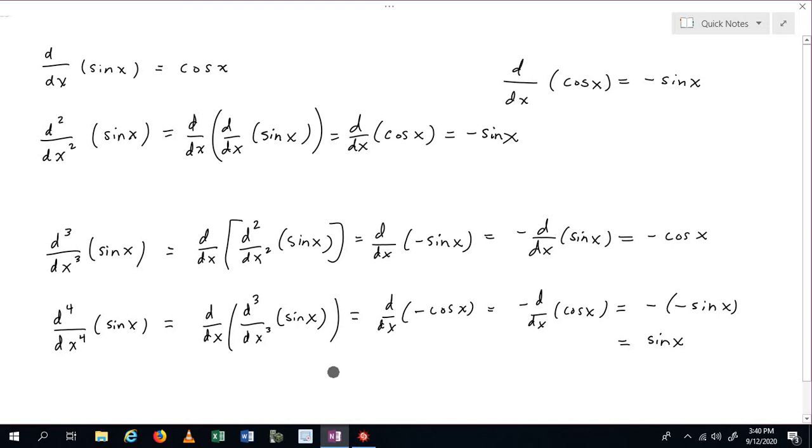Okay, well, what about the fifth derivative of sine of x? Of course, that's just the derivative of the fourth derivative of sine of x. And we know the fourth derivative of sine of x is actually sine of x.